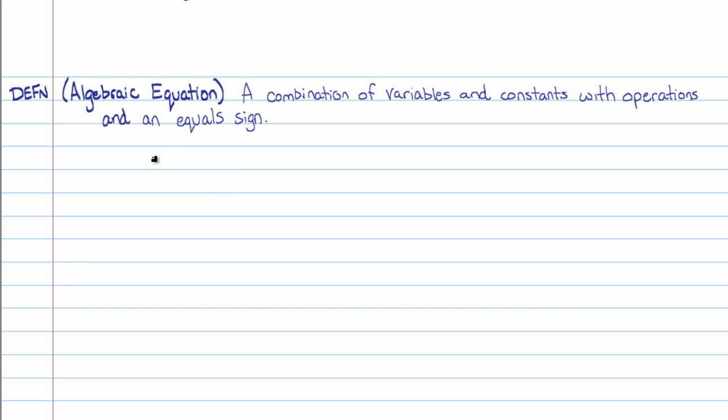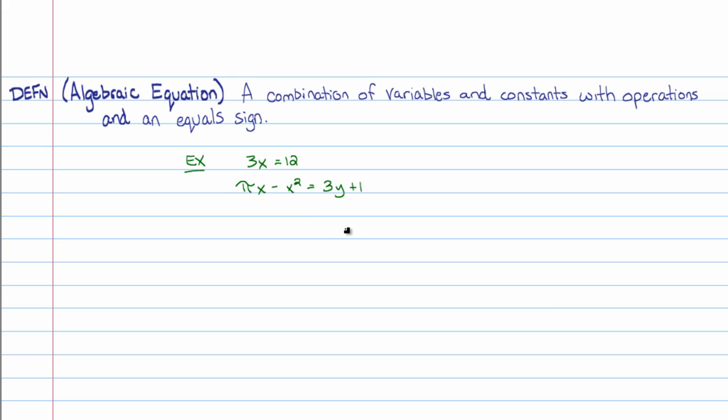For example, anything of the form like 3x is equal to 12, or pi times x minus x squared is equal to 3y plus 1. These are both equations because they have equal signs, they have variables, they have numbers, and they have operations. Addition, multiplication, squaring, all of those are considered operations.